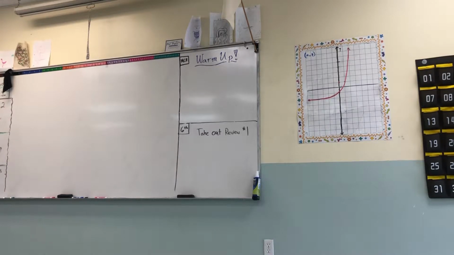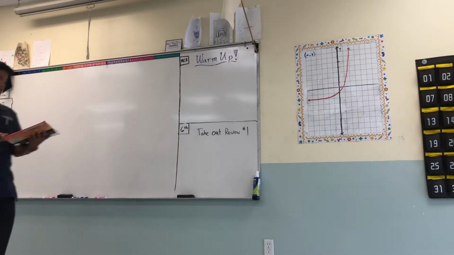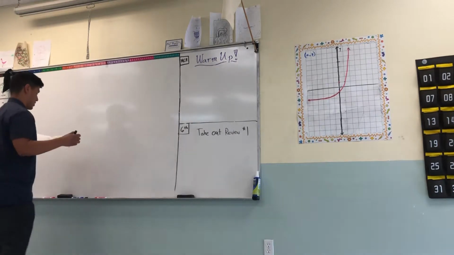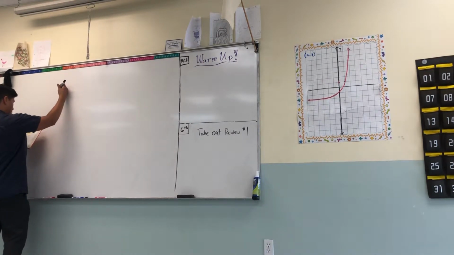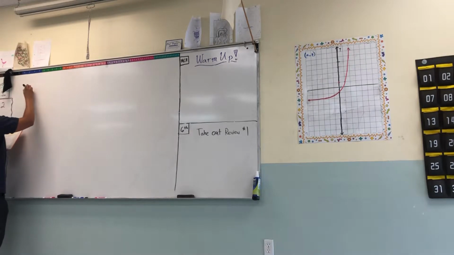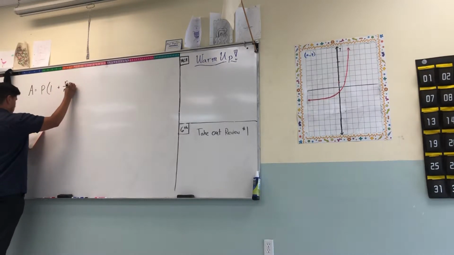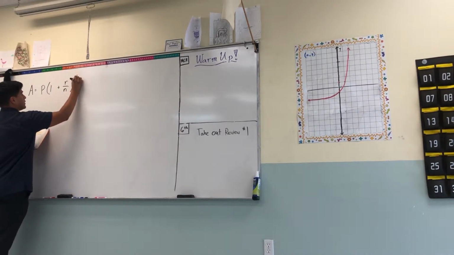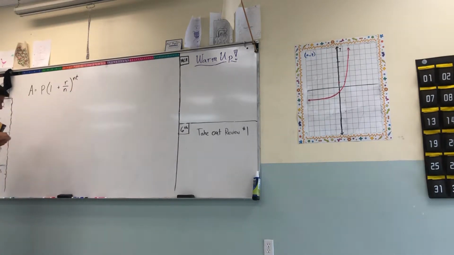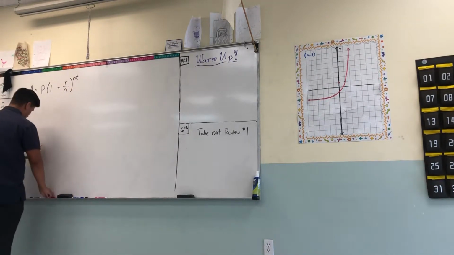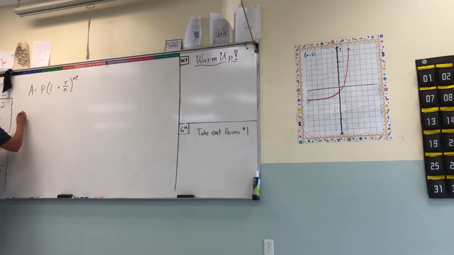Okay, so the biggest thing that I think we need to focus on right now is compound interest. So this is the formula for compound interest. It's A equals P times 1 plus R over N, to the N times T power. Now, you do need to know what each thing stands for. A is going to be the balance, so like the total money.